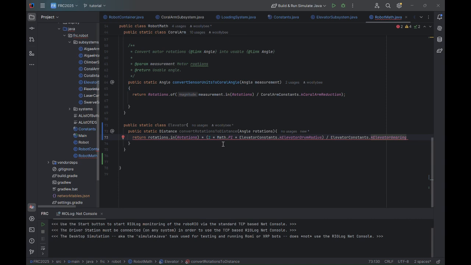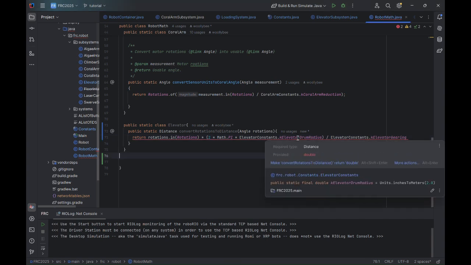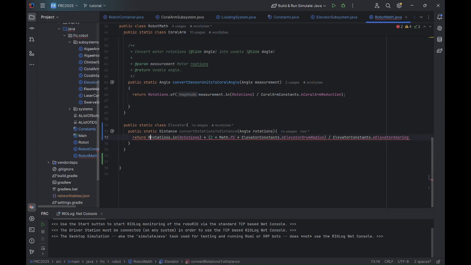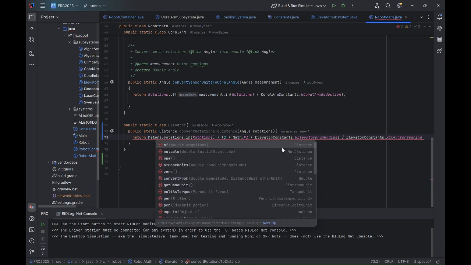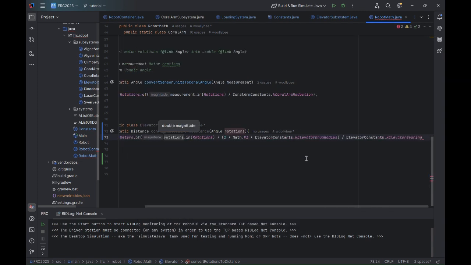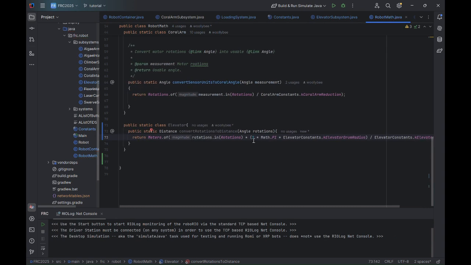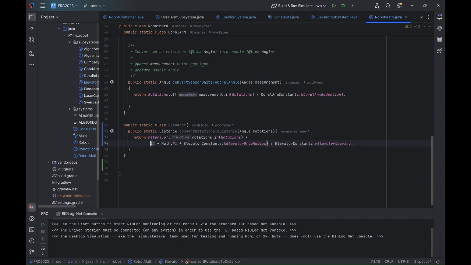I would say this is in meters. It's a double, so we just add meter, it's a distance unit, of a value, and that should be good to go.